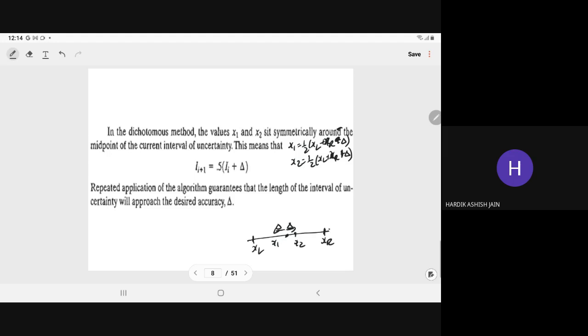In the dichotomous method, the values x1 and x2 sit symmetrically around the midpoint of the current interval of uncertainty. This means that the (i+1)th interval is the half of the previous interval plus delta.